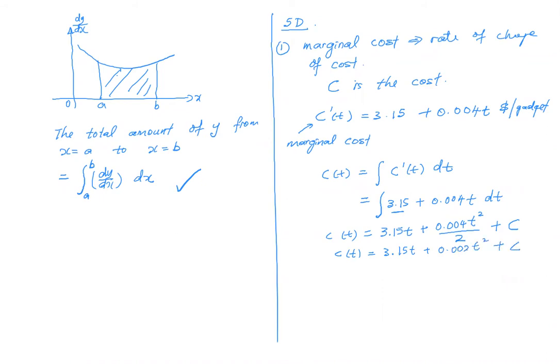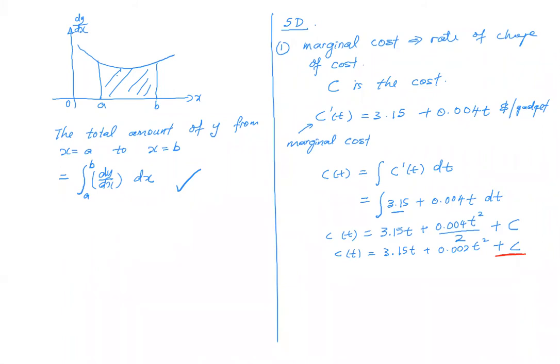Okay, so now I have to find a way to get this C. So you go back to the question, you say, find the total daily production cost for 800 gadgets given that the fixed cost before production commences. So what do you mean by the fixed cost?